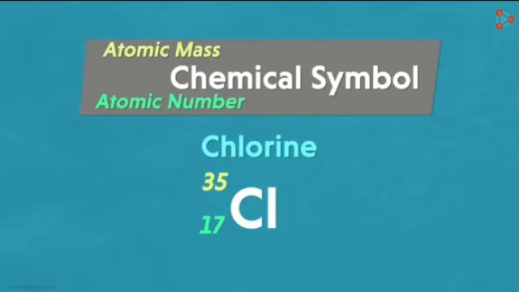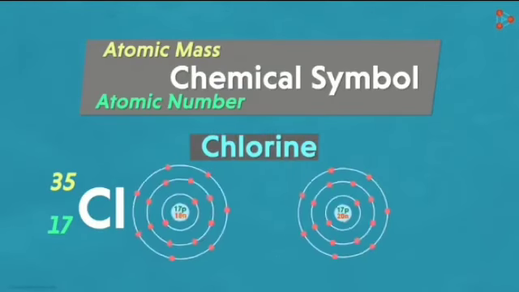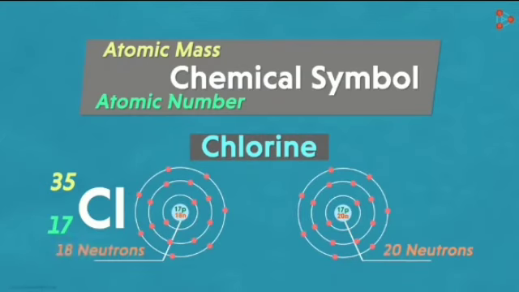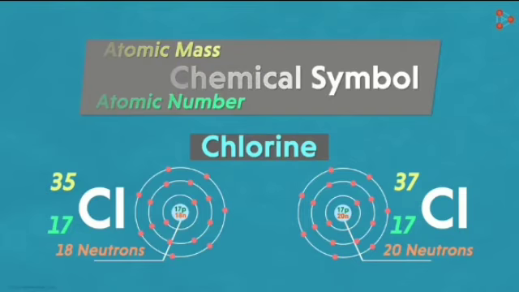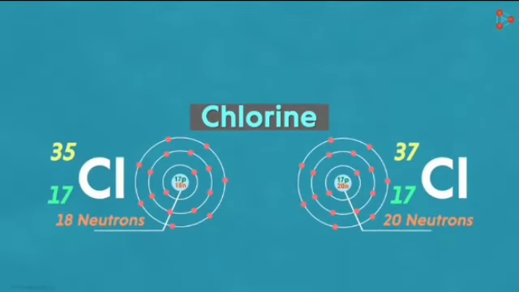So we can represent chlorine in two forms, that is, 37 and 17 or 35 and 17, and the difference in the mass number is because of the difference in the number of neutrons. That is, in chlorine having a mass number of 35, there are 18 neutrons, and in chlorine having a mass number of 37, there are 20 neutrons.